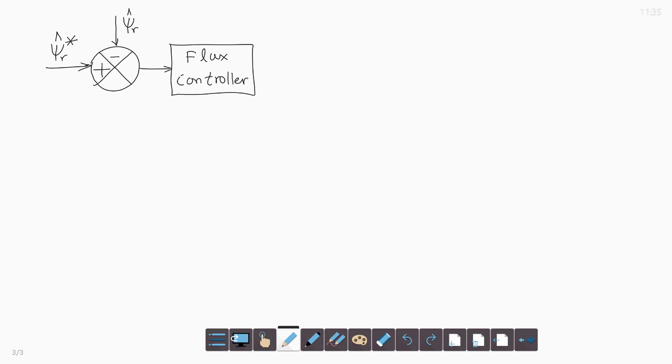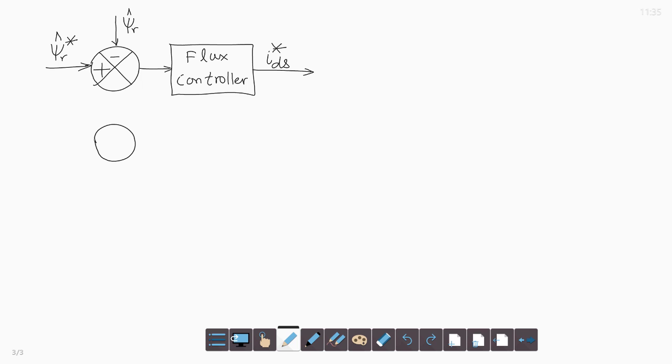We have a comparator which takes the reference or command value of the rotor flux psi r hat and estimated rotor flux psi r, and the flux error goes through a flux controller, and flux controller output is the command value of the flux component of the stator current IDS star.